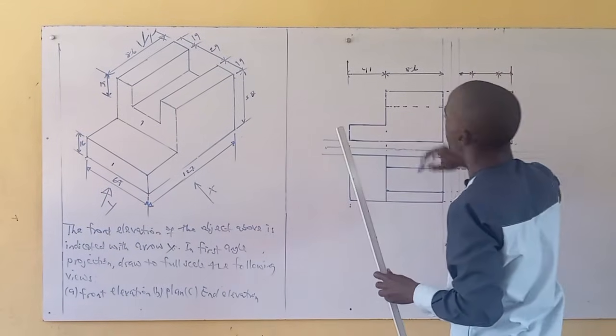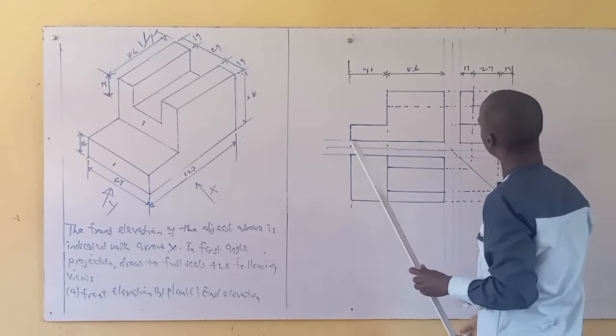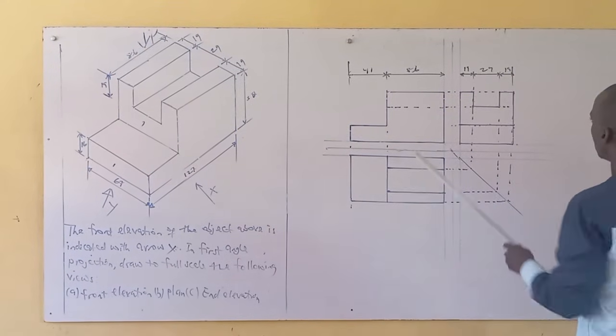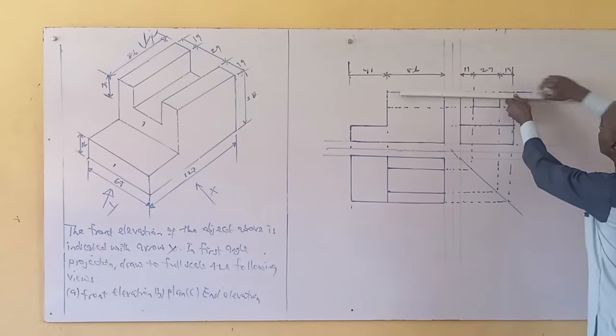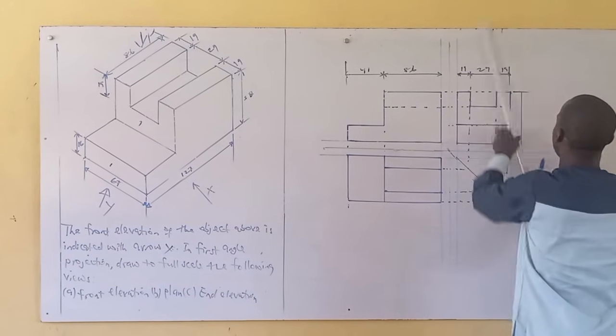Then we have here 19, 29, 19. That is it. Then finally, we dimension here.